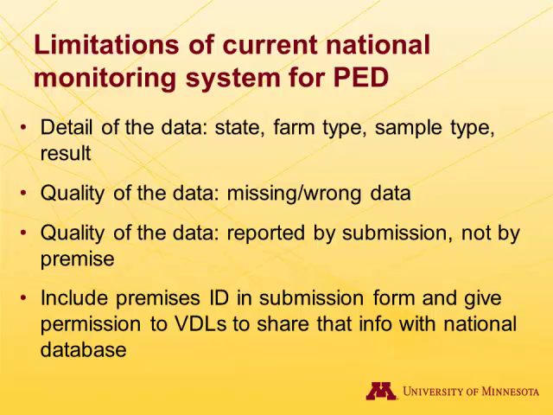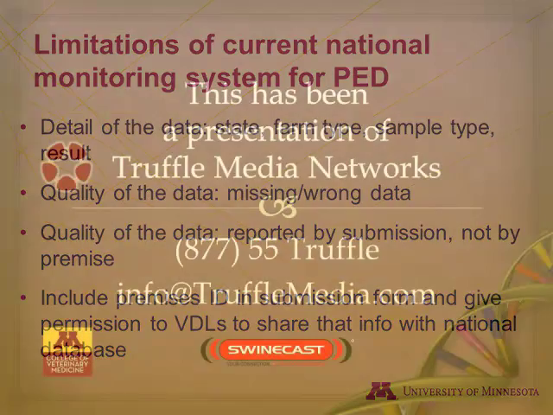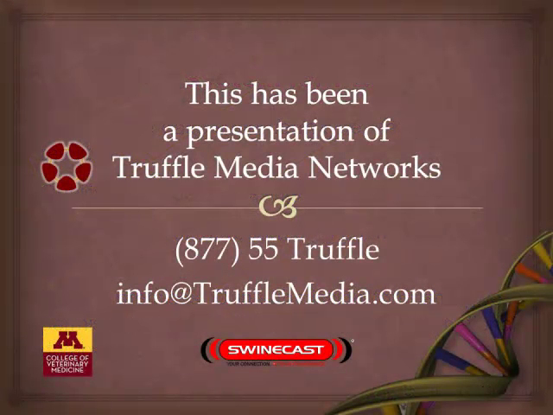And then getting the companies and the veterinarians to agree to share that premise ID with the database, so that whenever we get a positive, we can check if that farm was already in the database and therefore is a retest, or if it's really a new case. That will allow us to really have a database that looks at new cases and have confidence that we're looking at new cases. So there's obviously some confidentiality concerns around that, and we're working on that, but I think that's something that we want to get into to improve this database.